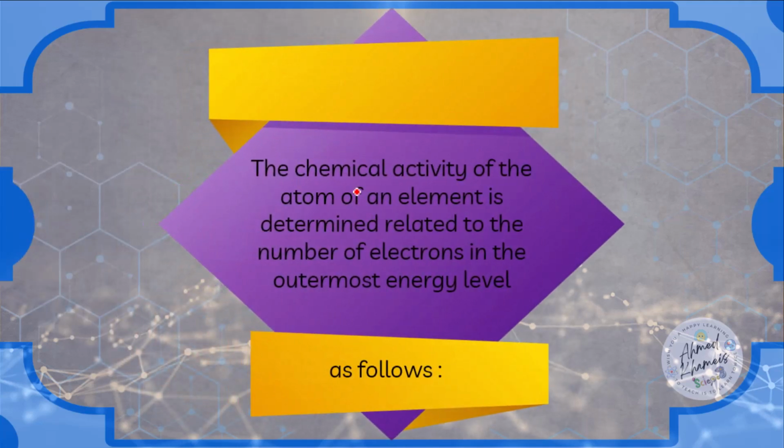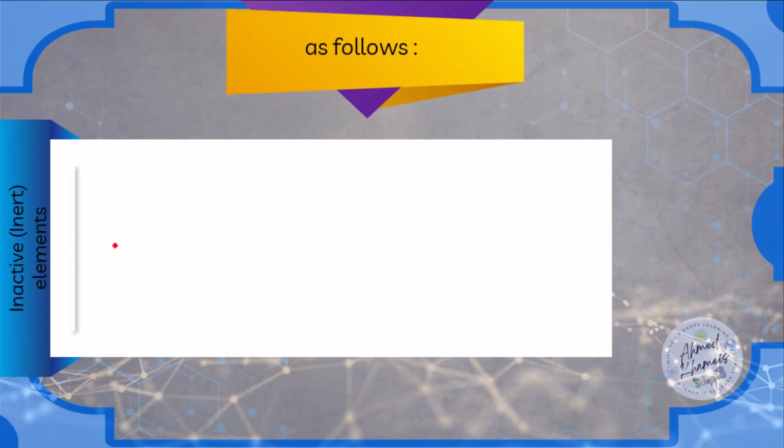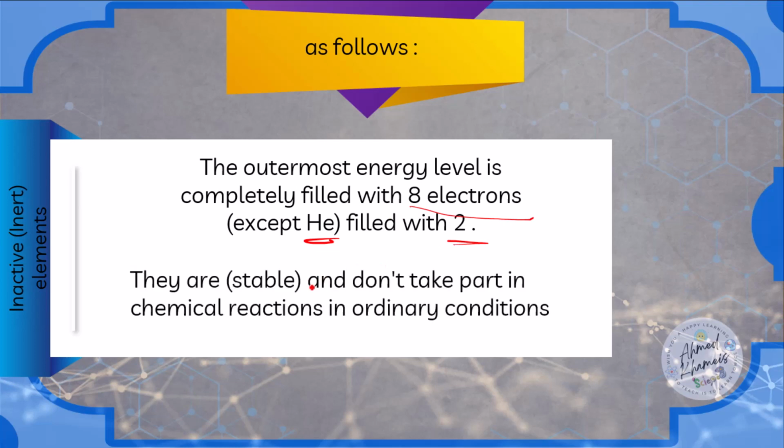And the chemical activity of the atom is determined by the electrons in the outermost energy level. For the inactive elements, the outermost energy level is completely filled with 8 electrons, except for helium, 2 electrons. They are stable and don't take part in chemical reactions.